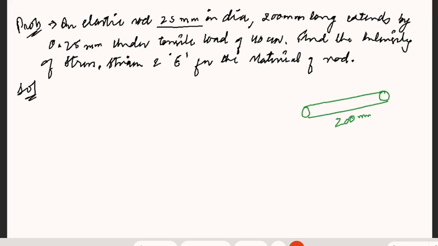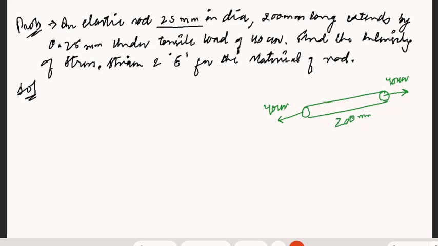This rod has been extended under tensile load of 40 kilonewton. Tensile load means that the rod is being stretched out. That is what we understand by tensile loads, which is how much? 40 kilonewton. Fine.